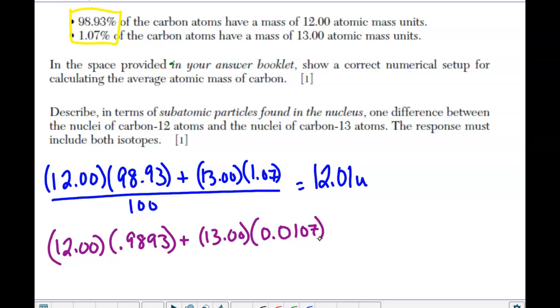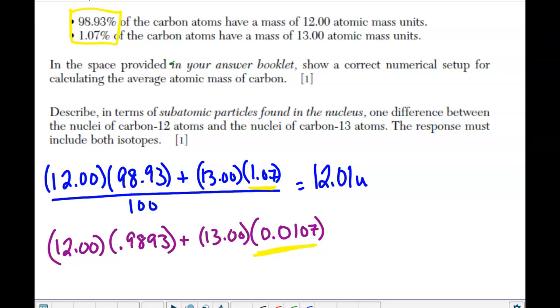But the reason I don't like to do that this way is because when there's a small percentage like this, here 1.07%, very often kids make the mistake of putting in 0.107 and they lose that extra zero. And instead of putting in 1%, they put in 10%.